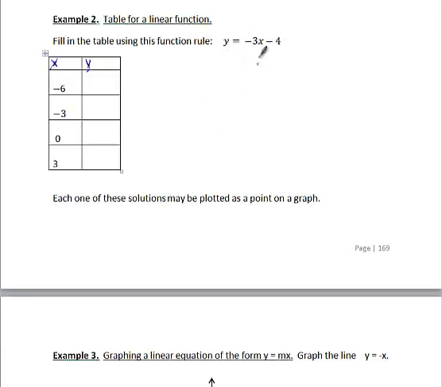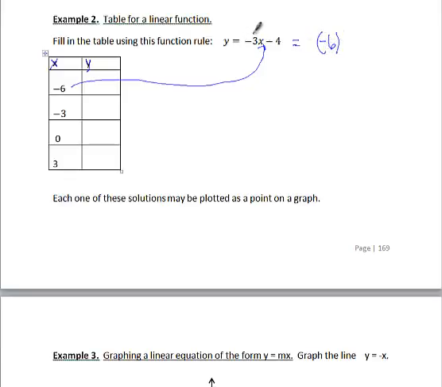Alright, you could look at a linear equation as a rule. It tells you, if you're given x, what do you do to it to calculate y? Okay, so -3 times x minus 4 is sort of a rule. It means that we would take -6, okay, it's telling us what we do with x.